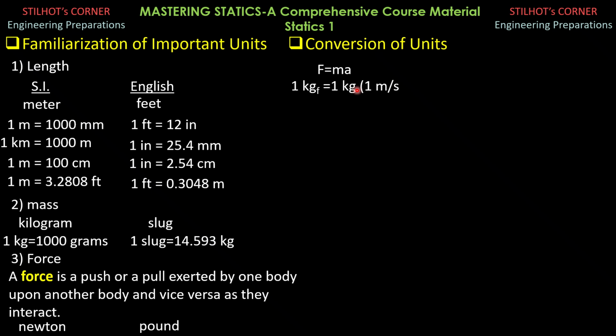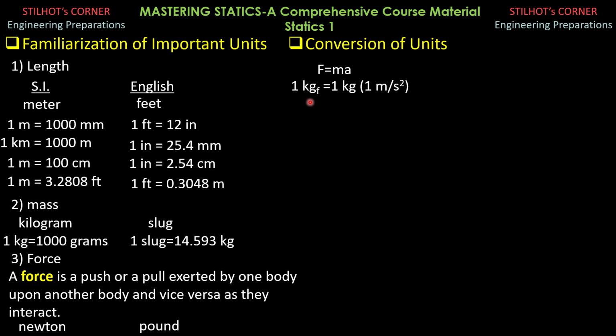So 1 Newton therefore is 1 kilogram mass times the quantity 1 meter per second square. So that's the Newton, because the Newton is kilogram times meter per second square.